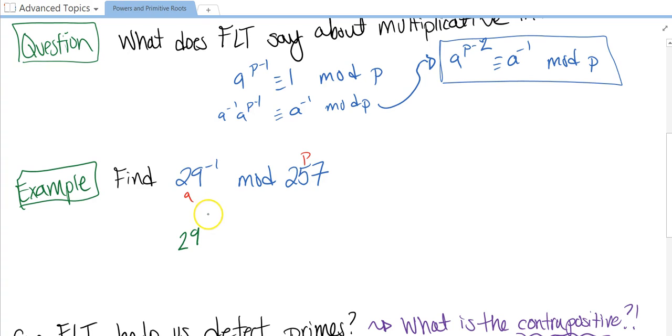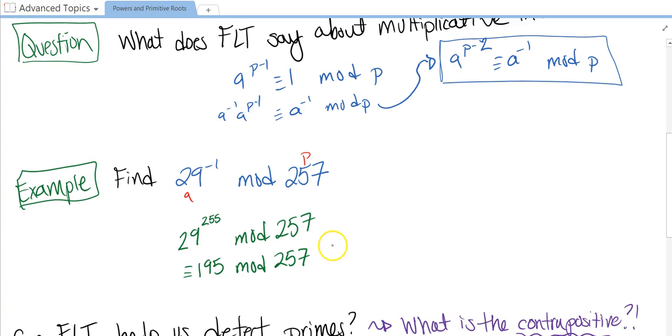So I should be able to say this is 29 to the, since p minus 2 is 255, mod 257. Using the fast powering algorithm or Wolfram Alpha, you end up getting 195. So this is congruent to 195 mod 257.